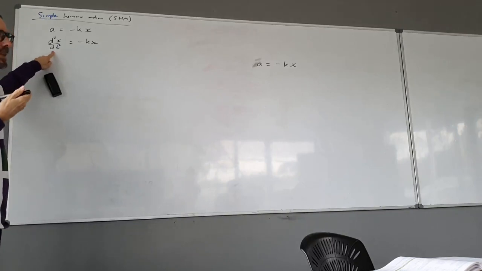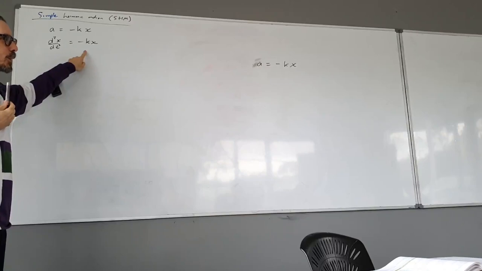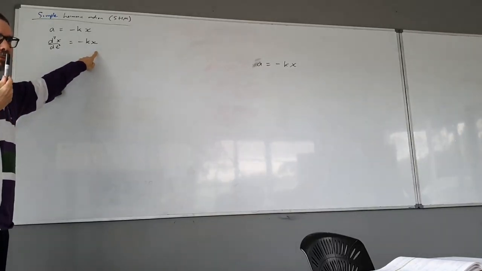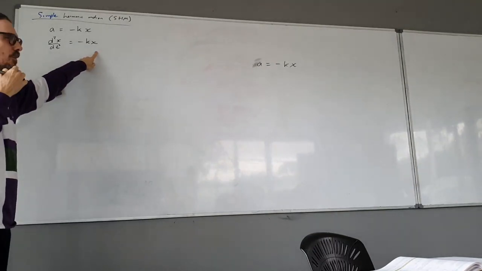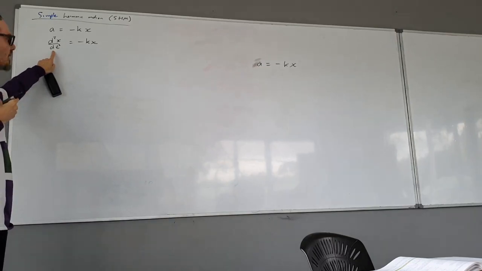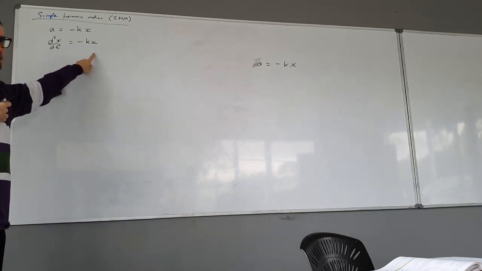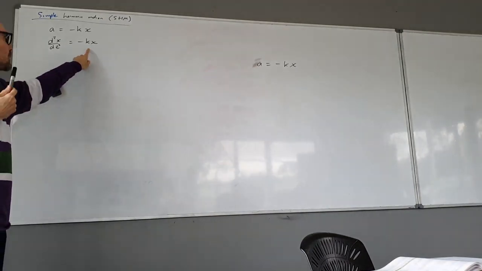The second derivative is equal to negative a constant times the original displacement. Can you think of a function whose second derivative is the negative of itself? I differentiate, then differentiate again, and I get back to where I started, but with a negative sign.